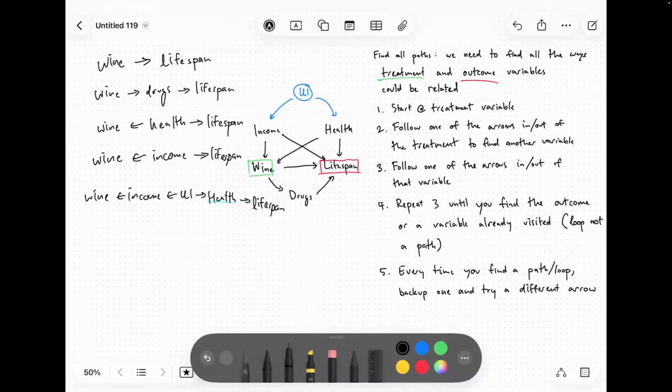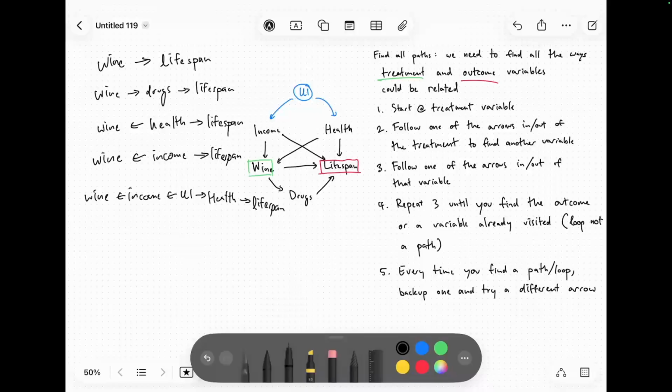Okay, got 2 more. Yes. Wine from income to lifespan via drugs. Wine from income via drugs. There's no link from drugs to income.